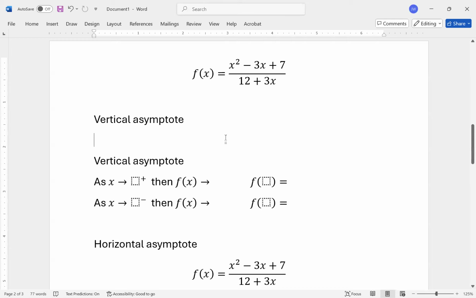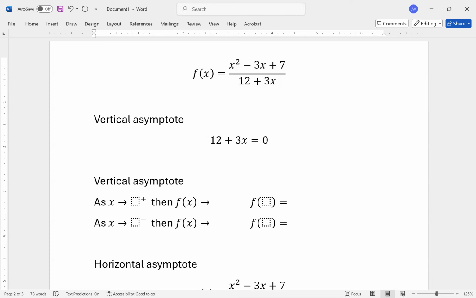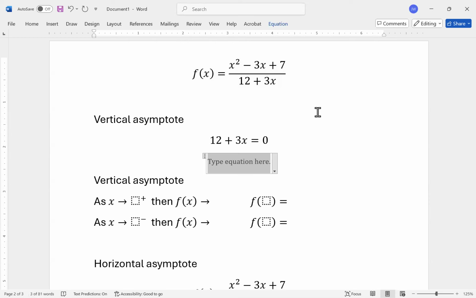So to find the vertical asymptote, I need to find where the denominator is 0. So I set 12 plus 3x equal to 0, and then I solve. I think it's pretty straightforward that we'd subtract 12 from both sides and then divide by 3.